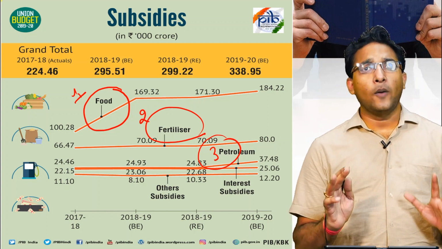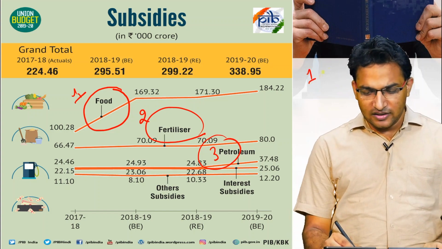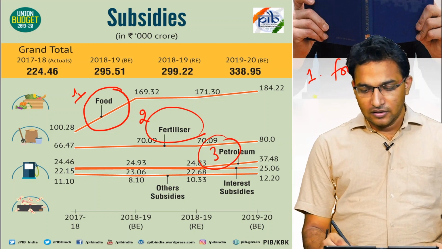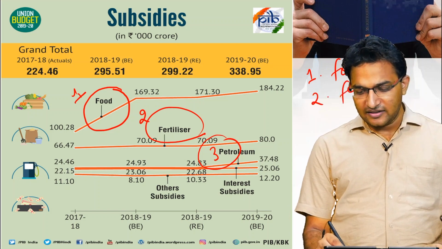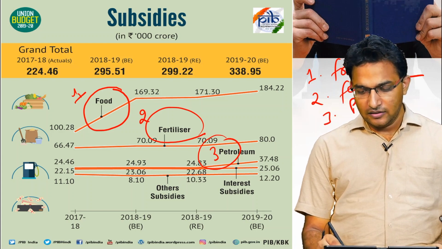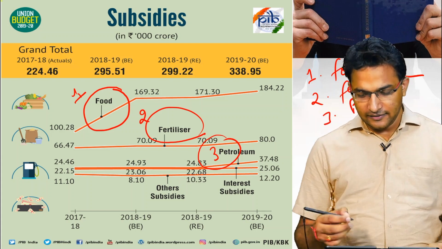So you should know the top 3 heads. The highest one is the food subsidy, second highest is the fertilizer subsidy, and the third highest is the petroleum subsidy, right?